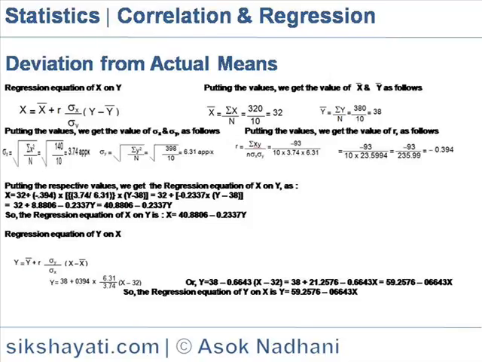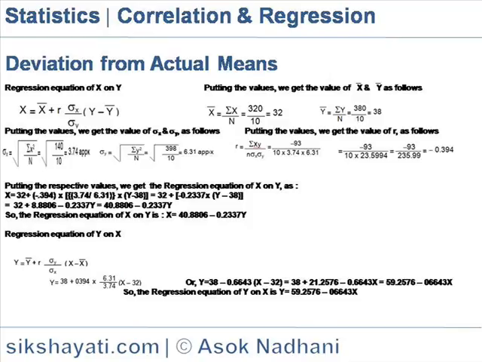So the regression equation of x on y is x is equal to 40.8806 minus 0.2337y.